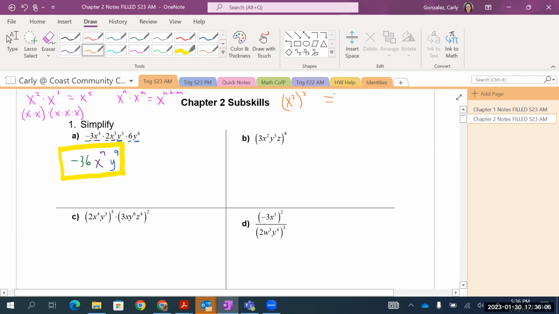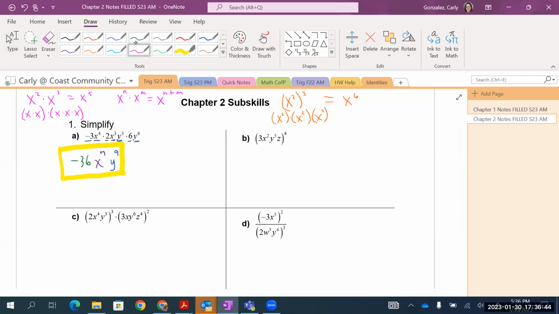If we are raising it to the 3rd power, then we're multiplying x squared times itself 3 times. Using the property we just explored, we can add the exponents. 2 plus 2 plus 2 is 6, so we get x to the 6th. Or we could have broken this down even farther to x times x, x times x, x times x. Again, we get x to the 6th power.